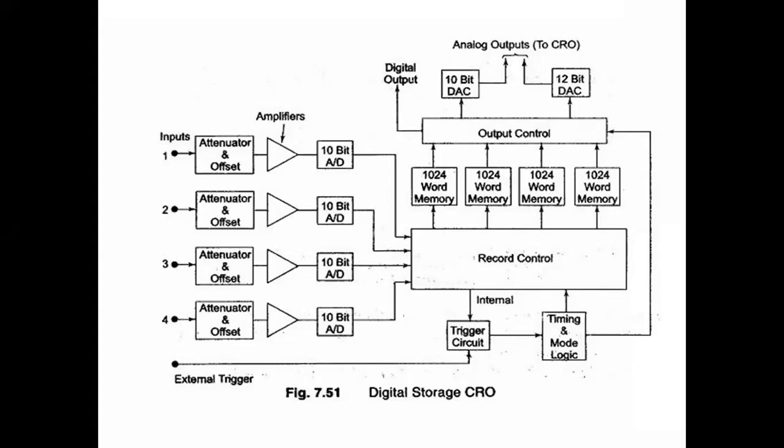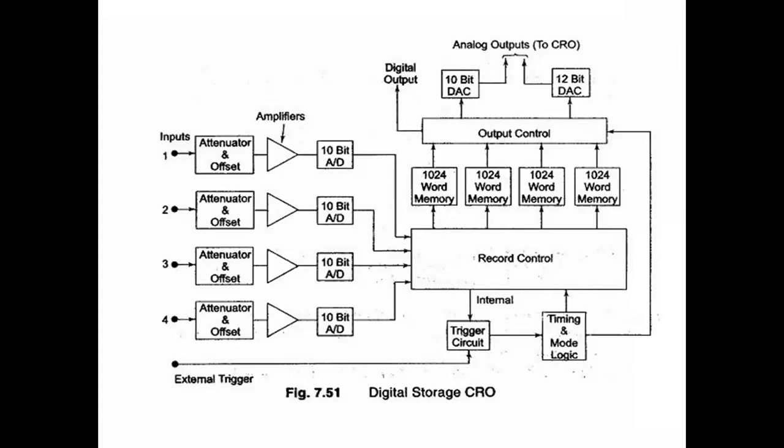So we can use it for further readout purposes. One more thing is that we can convert this digital data into analog form, and after converting into analog form, we can print the signal.